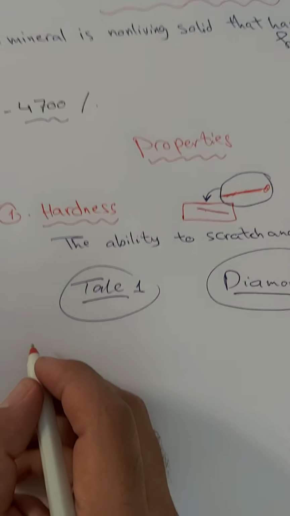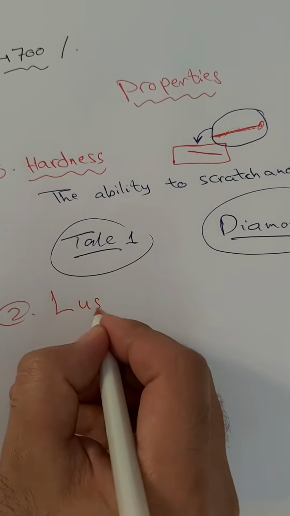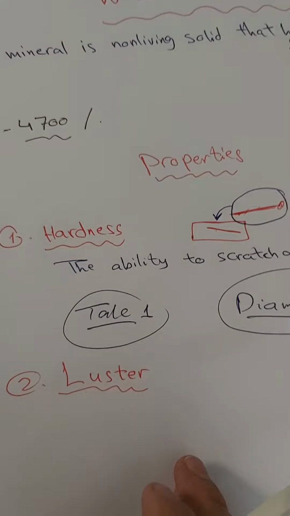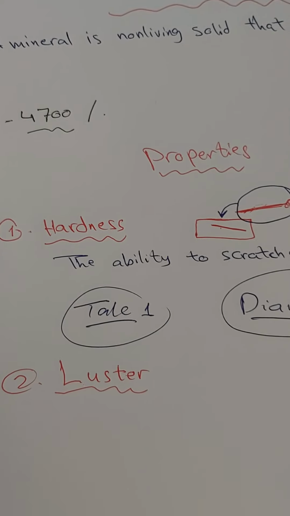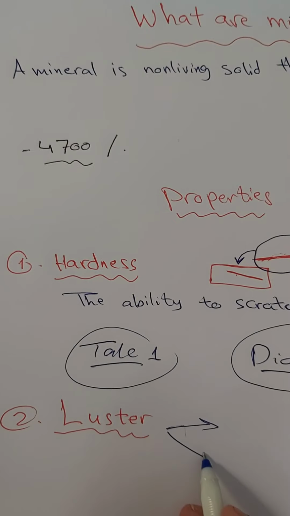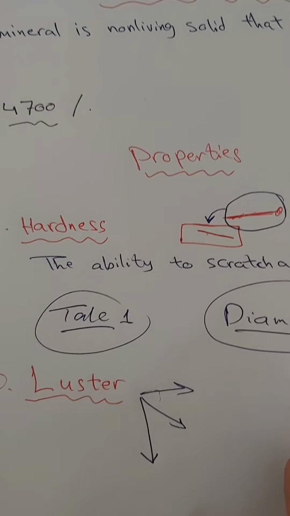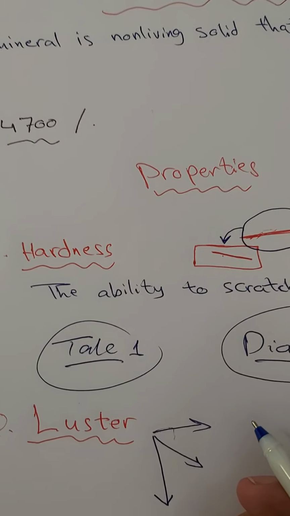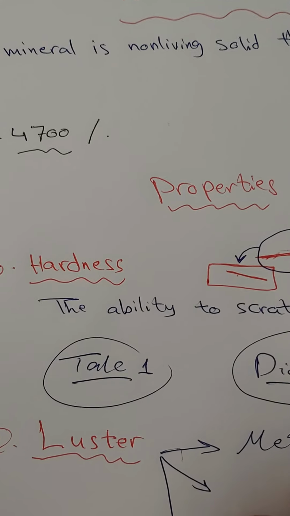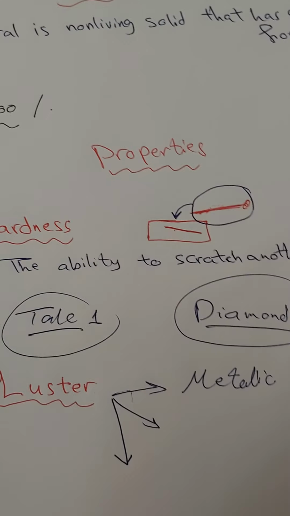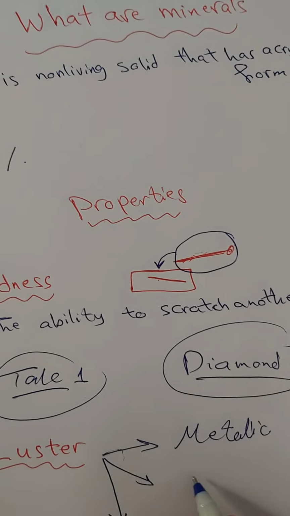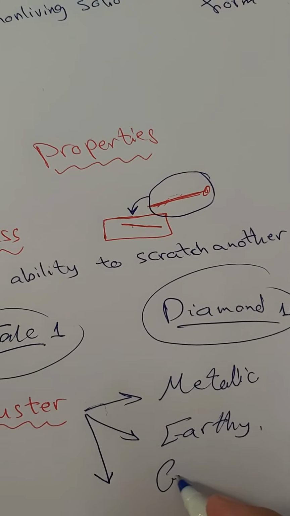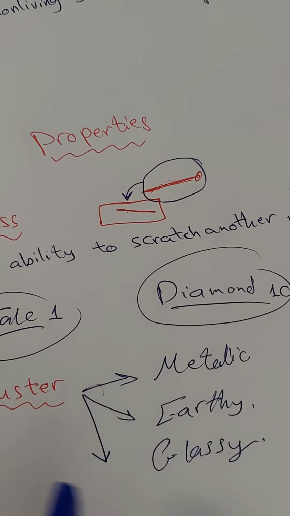The second property to identify minerals, we said luster. And luster means the brightness. It's shiny, or it's not shiny like this. We have three different brightnesses of these minerals. Some minerals are very bright like gold; we call it metallic luster. The second is earthy, not bright, and the last one is glassy, like glass.